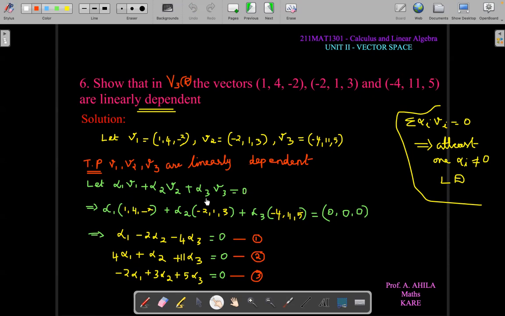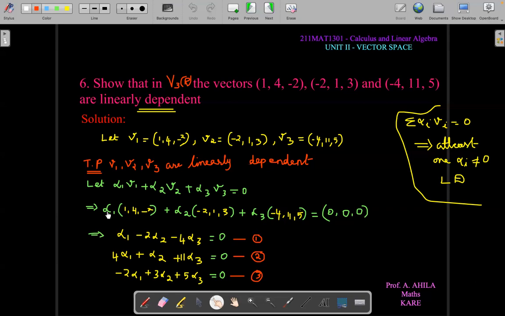Substitute the values of v1, v2, v3. Instead of v1, substitute (1, 4, -2), v2 as (-2, 1, 3), and v3 as (-4, 11, 5). Simplifying the first elements, second elements and third elements, we get three equations.